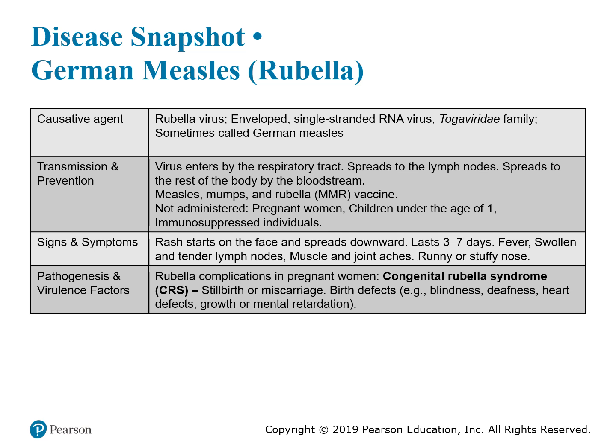With this one as well, there's a rash, and then you can also have fever, swollen lymph nodes that are really tender, muscle aches, joint aches, body aches, runny nose. Complications of having German measles could be that pregnant women can have miscarriages and stillbirths if they're infected, which can actually affect the infant.